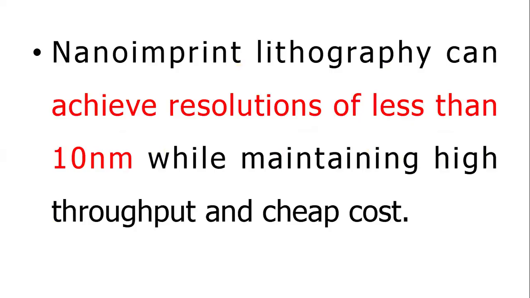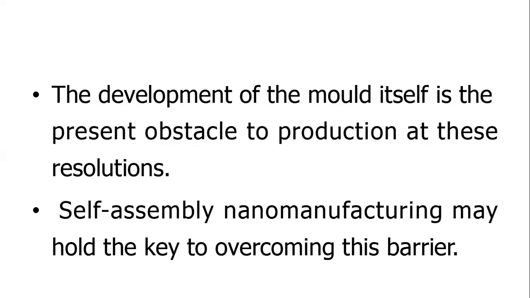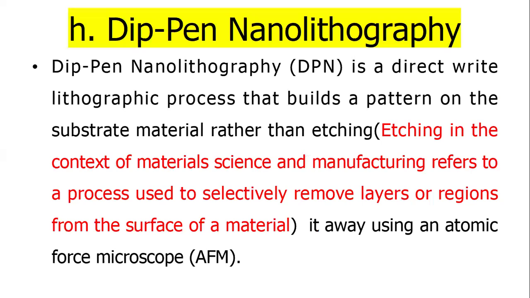Nano-imprint lithography can achieve resolution of less than 10 nanometers while maintaining high throughput and low cost. The development of the mold itself is the present obstacle to production at this resolution. Self-assembly manufacturing may hold the key to overcoming this barrier.